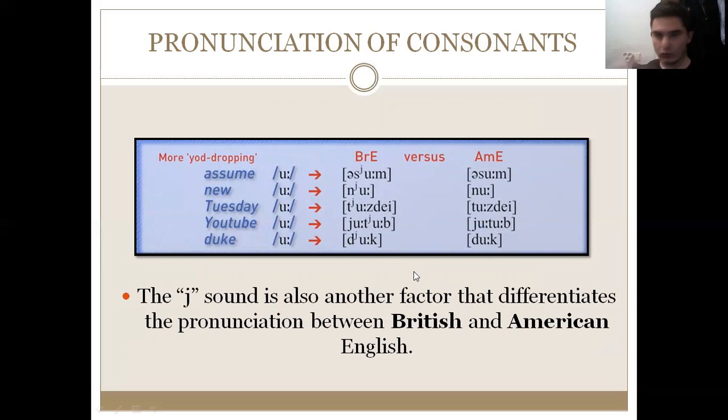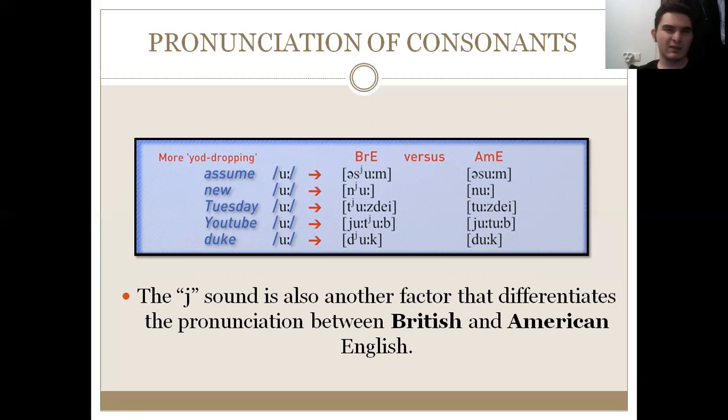So as I said, the yod or yes sound has an important role in the differentiation between the British and the American accents. I'm not quite sure at which time in history this yod dropping event happened, but I guess it probably happened in the 17th century, because anything like that that has changed in the English language happened in the 17th century, along with the Great Vowel Shift.